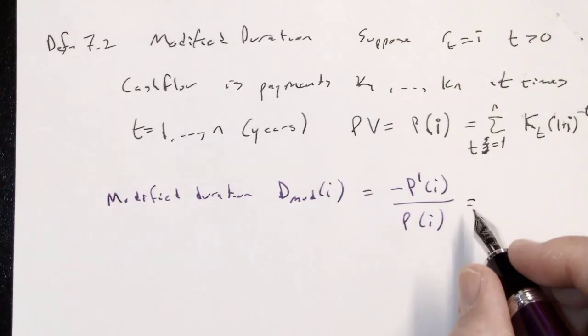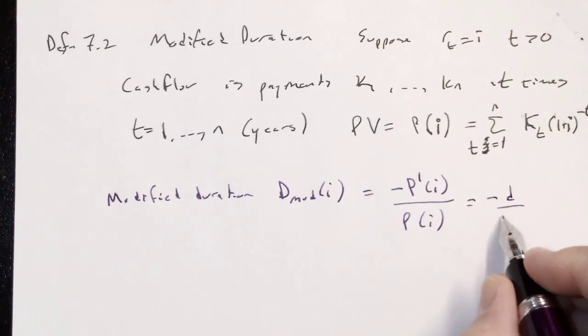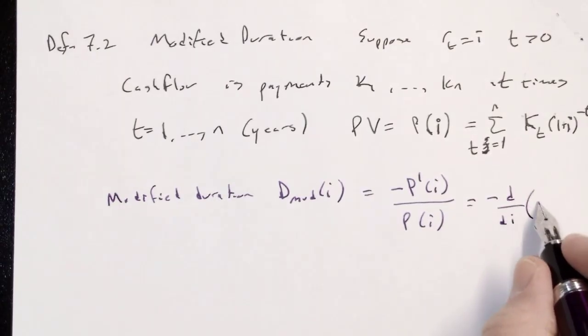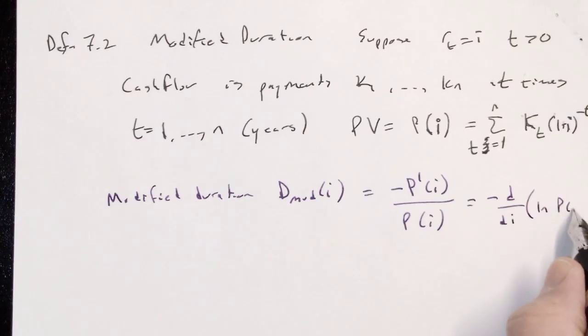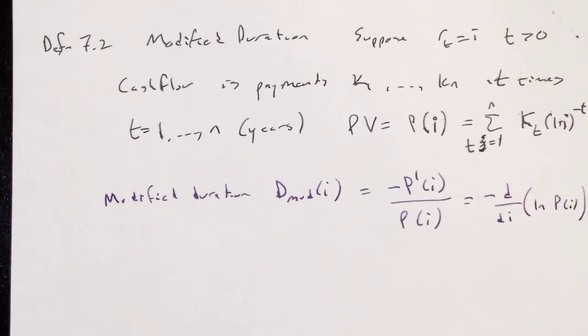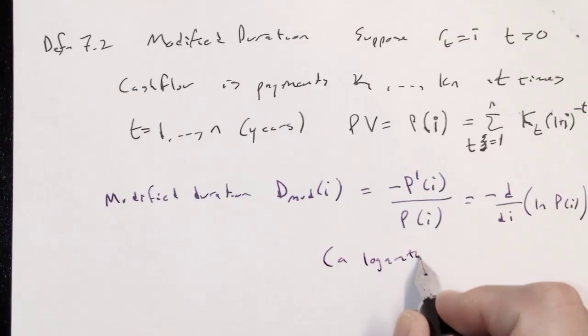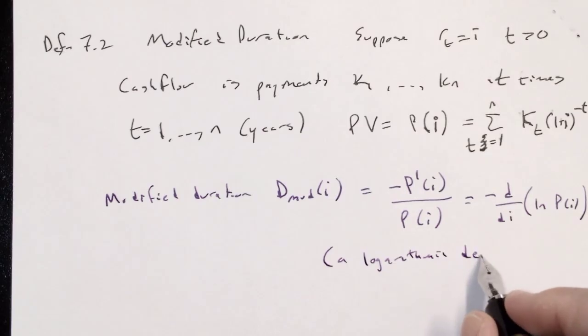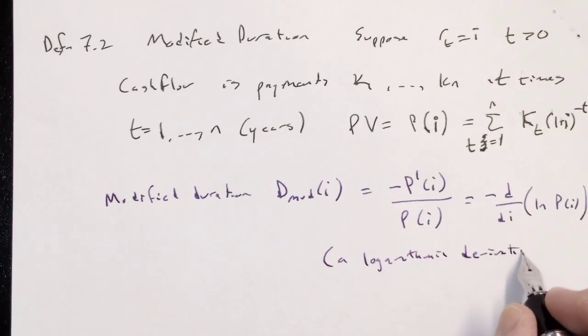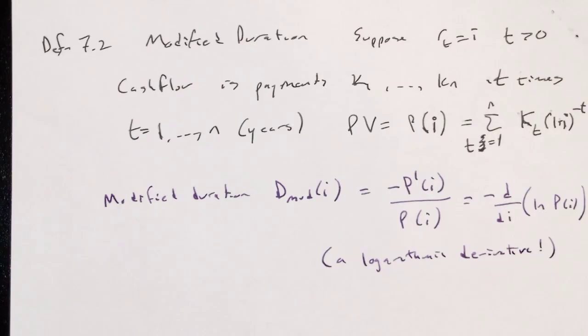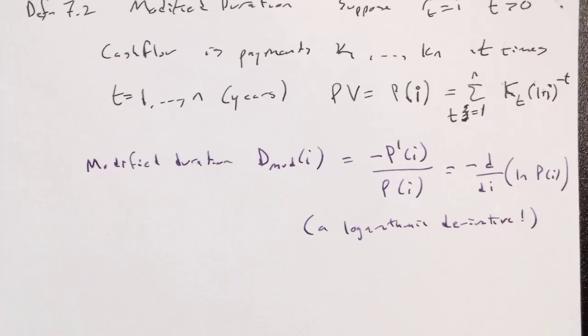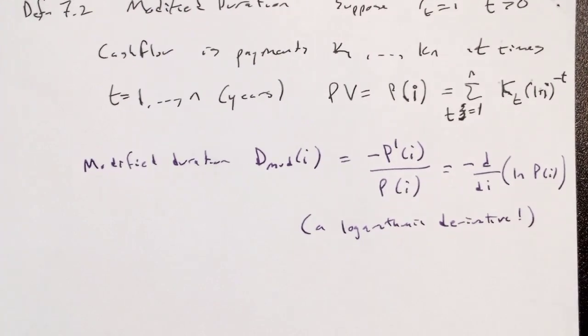This is negative the derivative with respect to I of the logarithm of P of I. This is a logarithmic derivative. Which is why I know I can apply this to a non-flat structure, provided I can write this function P of I.